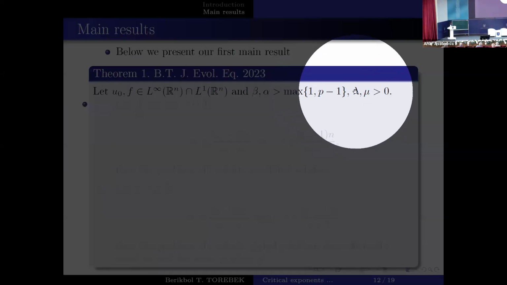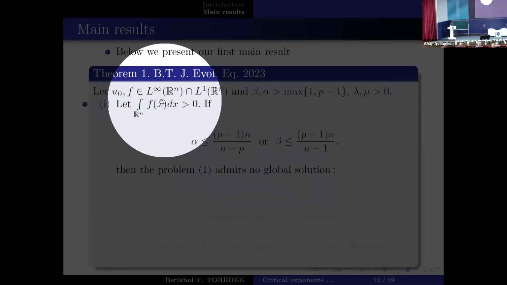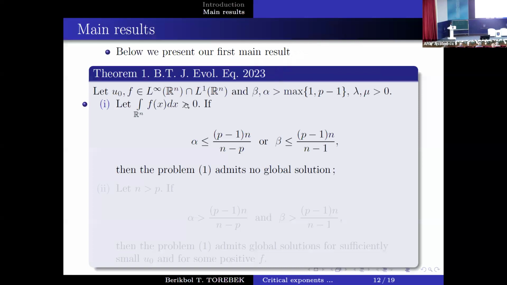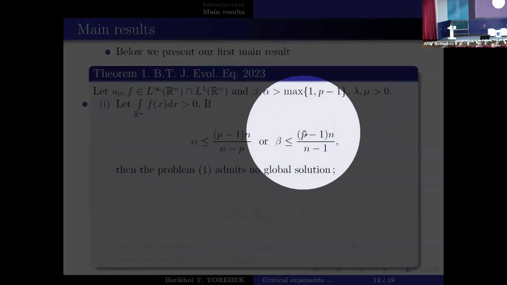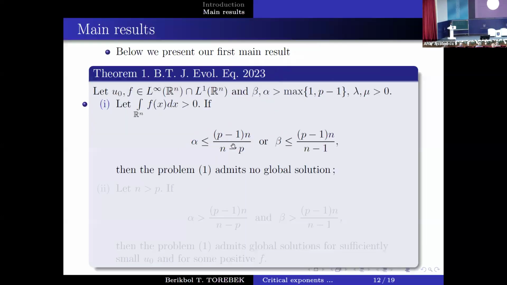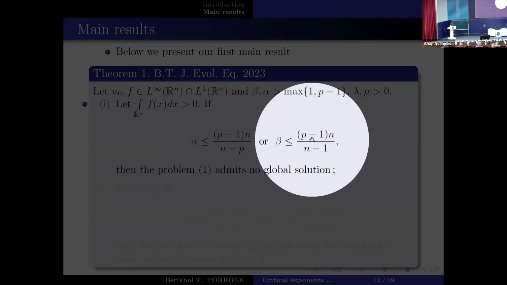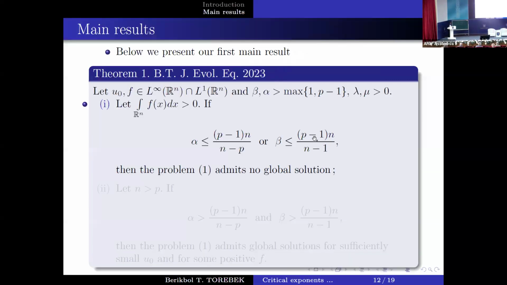Lambda and mu are strictly positive. And if the integral of f is strictly positive on R^n, and if alpha and beta satisfy this property, alpha less than this number for any beta, or beta less than this number for any alpha, then our problem does not admit a global in time positive solution.